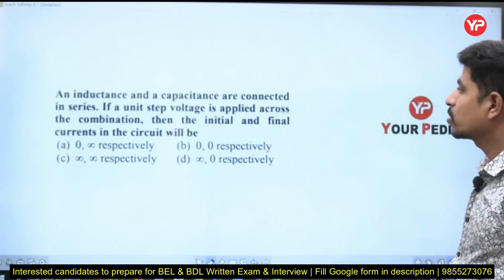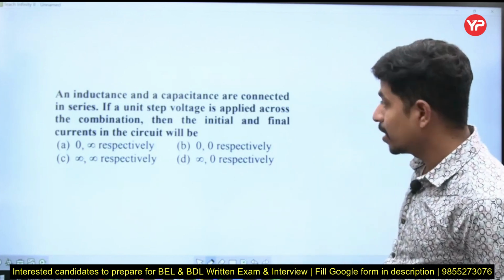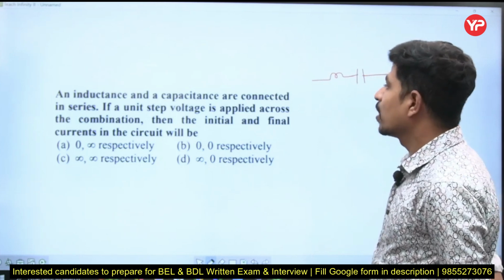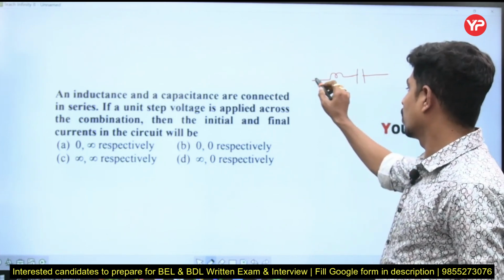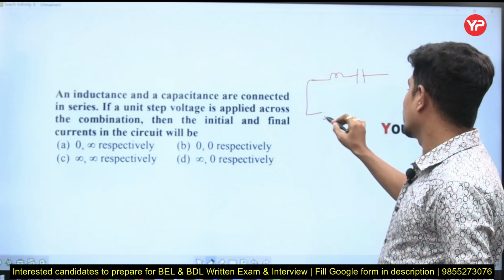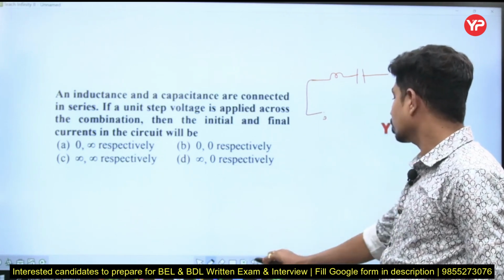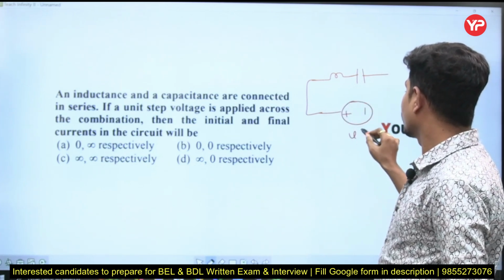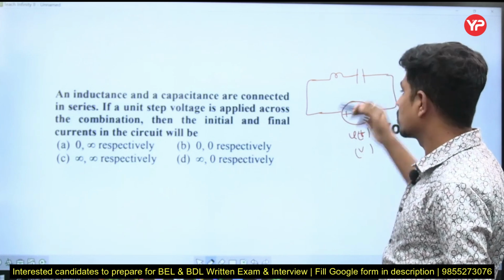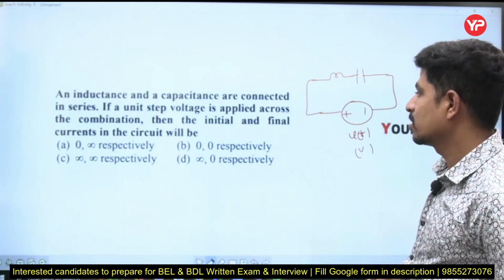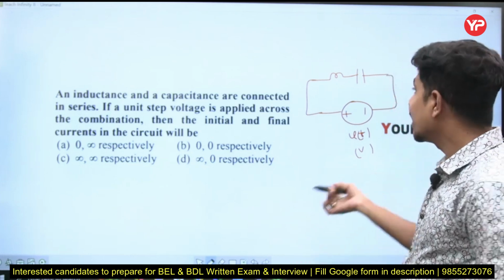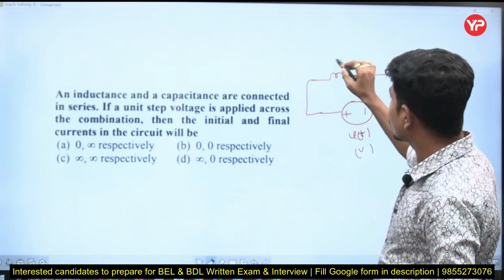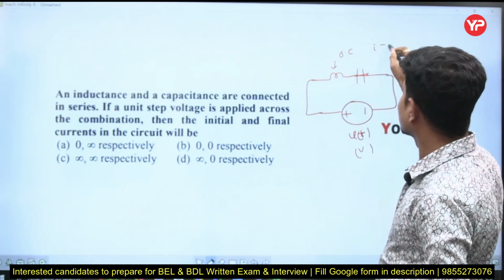Next question please. An inductance and a capacitance are connected in series. If a unit step voltage u of t volts is applied across this combination, then the initial and final currents in the circuit will be... Initially the capacitor acts as a short circuit and the inductor acts as an open circuit, therefore current is 0.